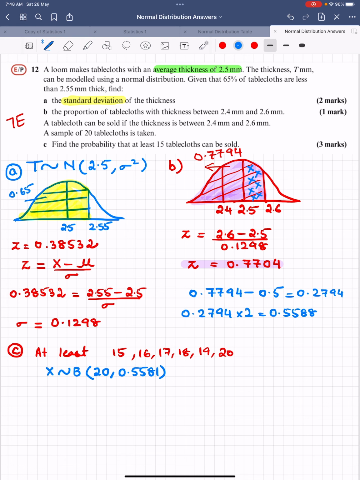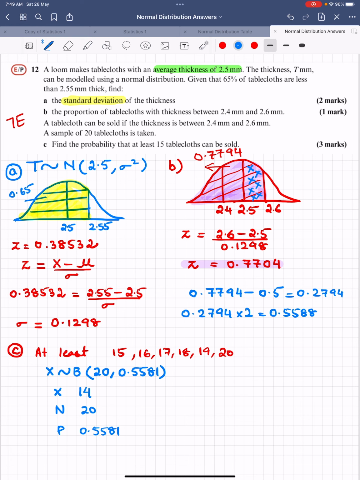So it will give me a screen which has X. X is first 14, and then it has N. N is 20 events, and the last one is the probability of success, which is 0.5588. So I'm going to enter all this.